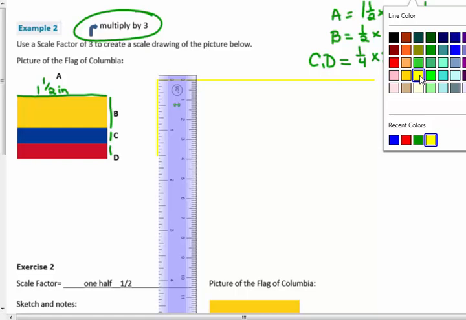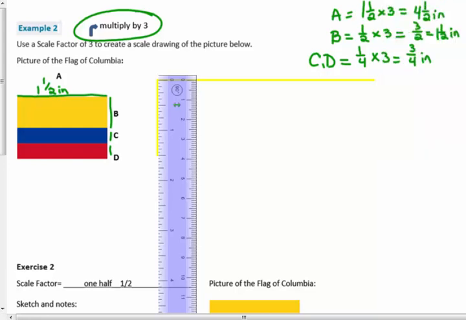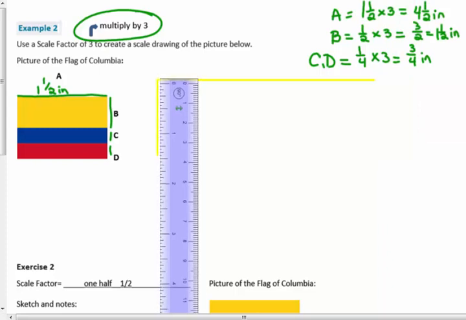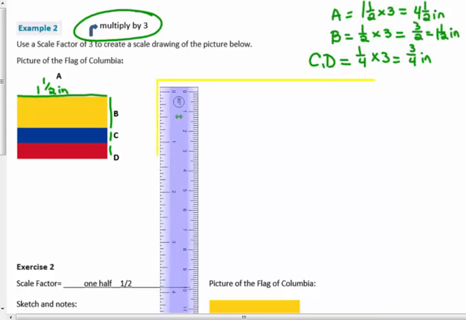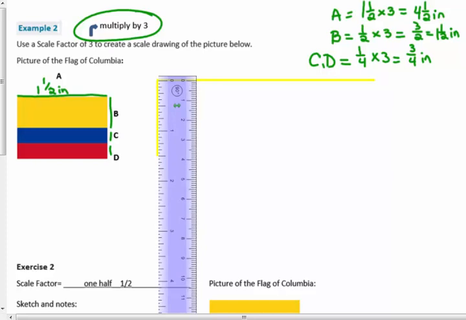C is going to be 3/4 inch, and D is 3/4 inch. So C is blue, and we're going to make C 3/4 inch. I can leave that there. 3/4 inch.